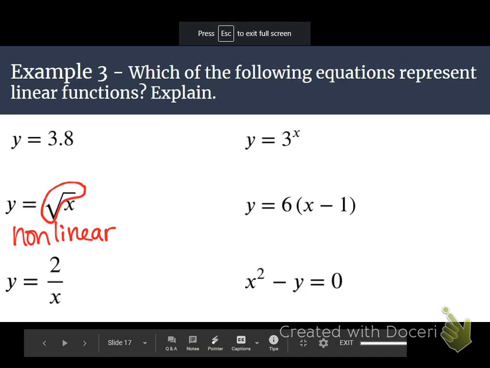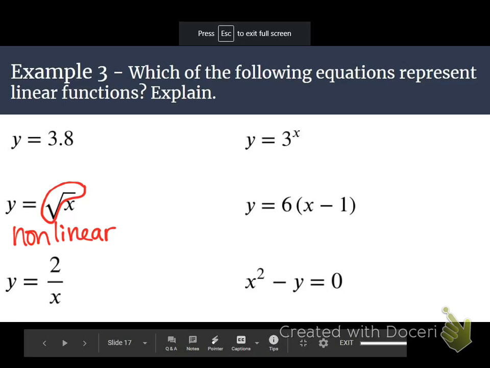So if we were to have a totally different problem like this one, if we put a radical over that 3.8, that would still be linear. It's just going to be in a different position because we just had a number under the radical, not the variable. Does that make sense? Okay. Good question. Other questions?